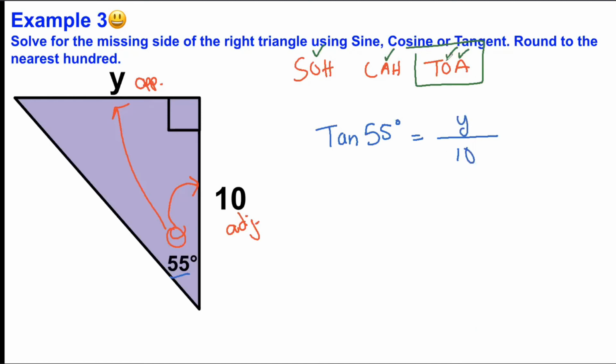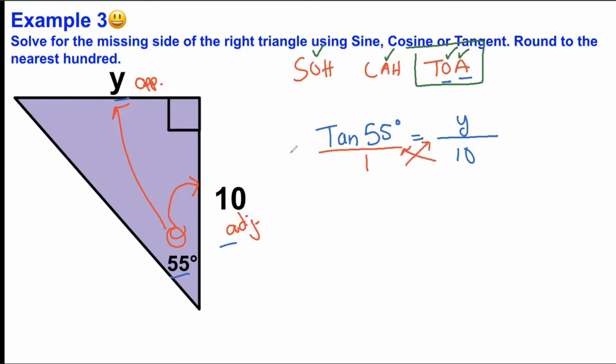Why y over 10? Because it's opposite over adjacent. All right, so let's solve for y. I'm going to do my magic trick, writing a 1 underneath my function, tan of 55, and then do cross multiplication.